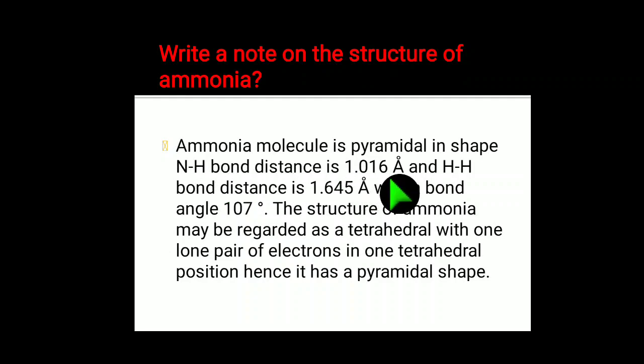The N-H bond distance, the bond distance between nitrogen and hydrogen, is 1.016 Angstrom, with a bond angle of 107 degrees. The structure of ammonia may be regarded as a tetrahedron with one lone pair of electrons in one tetrahedral position, hence it has a pyramidal shape.